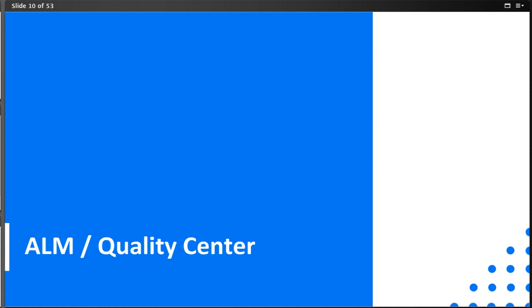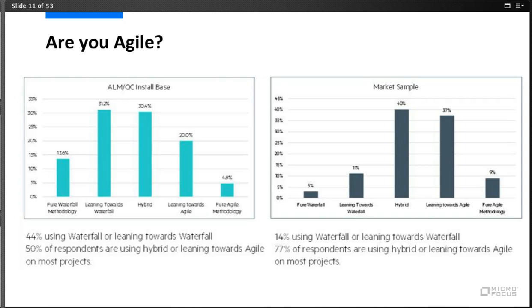So with that, we're going to start with that overview of ALM and QC. One of the key things we've been doing is recently talking to a lot of our customers. We've recently been collecting a lot of surveys, specifically asking customers where in your projects your methodologies are lying. So basically, what are you doing?